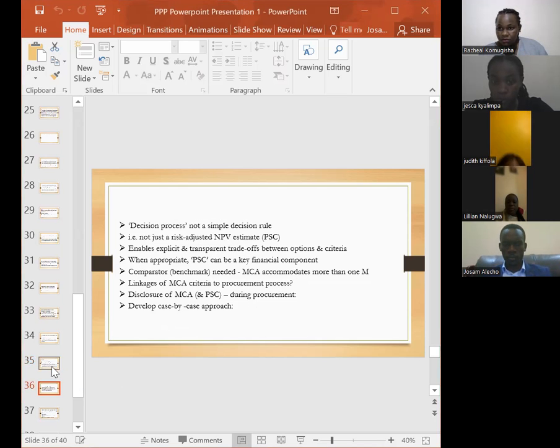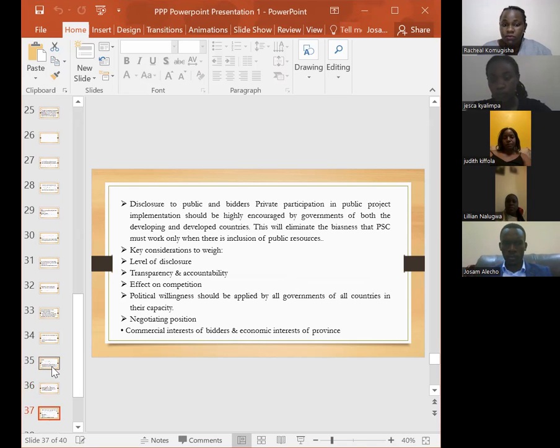That is where the government gives other bidders opportunities to show interest in a given project and send in their bids, so that everyone has the opportunity to engage in a given project. Those are some of the suggestions for some of the weaknesses of using a PSC.